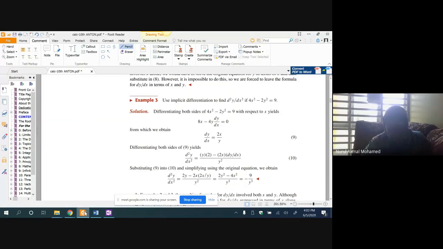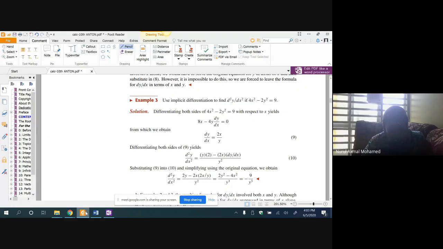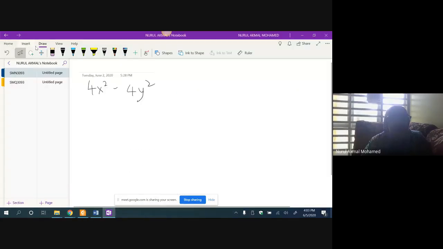So 4x squared minus 2y squared equal to 9.